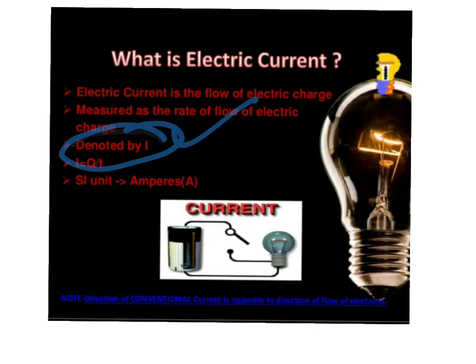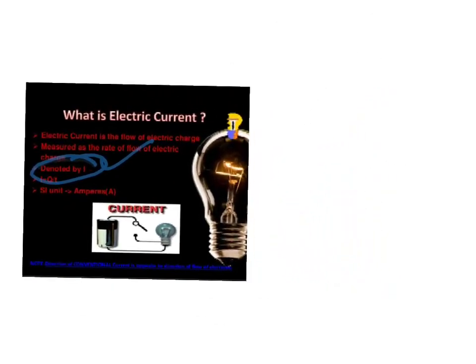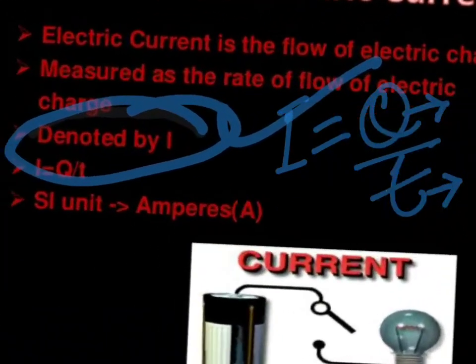Mathematically, if you have to derive an equation to find the value of electric current, it is equal to Q divided by T, where Q is the amount of charge, and T is the time period for which the charge has been flowing through a conductor.